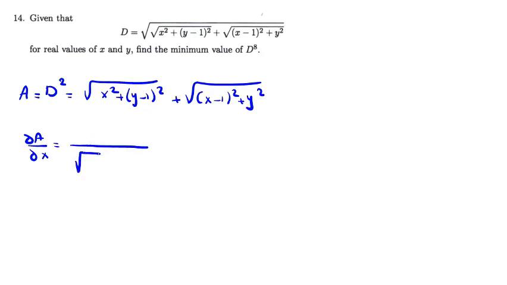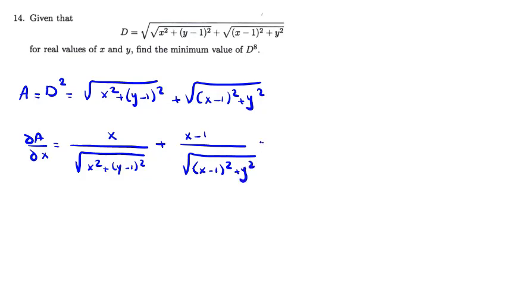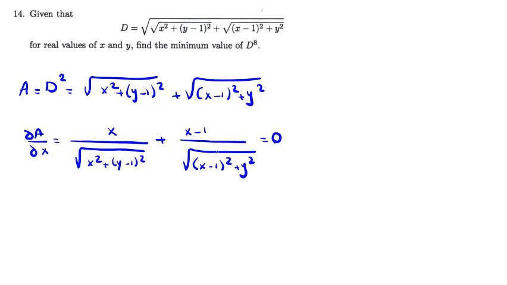2 times x squared plus y minus 1 squared, 2x here, 2 will be cancelled, plus then x minus 1 squared, 2x minus 1, 2 times this, 2 will be cancelled. We have x minus 1 squared plus y squared equals 0.